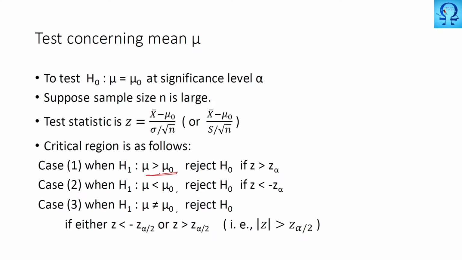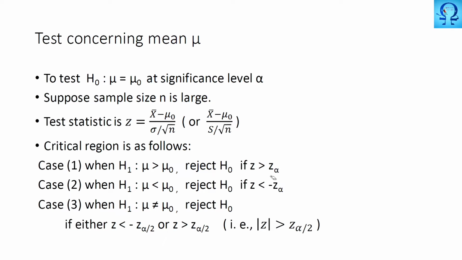If the alternate hypothesis is that mu is bigger than mu naught, we check whether the test statistic z that we calculate is bigger than the table value. Here z alpha and z alpha upon 2 are the table values, and z is the value that we calculate with the sample. This is read from the table with the help of the significance level alpha.